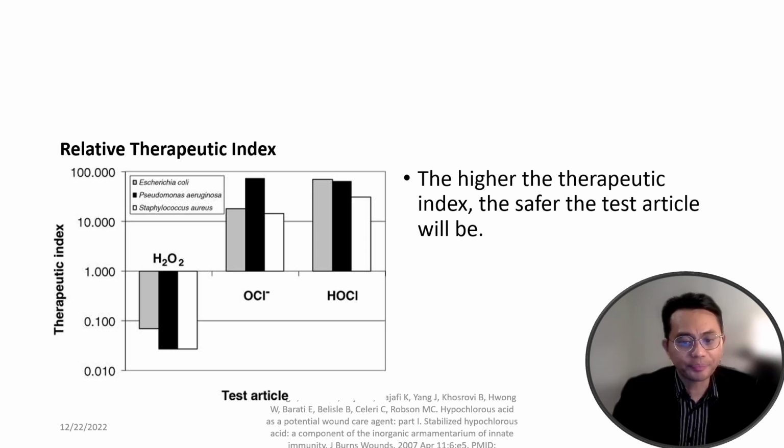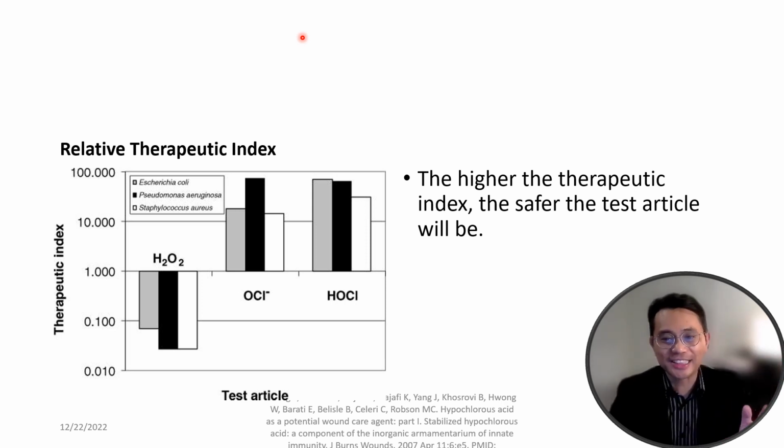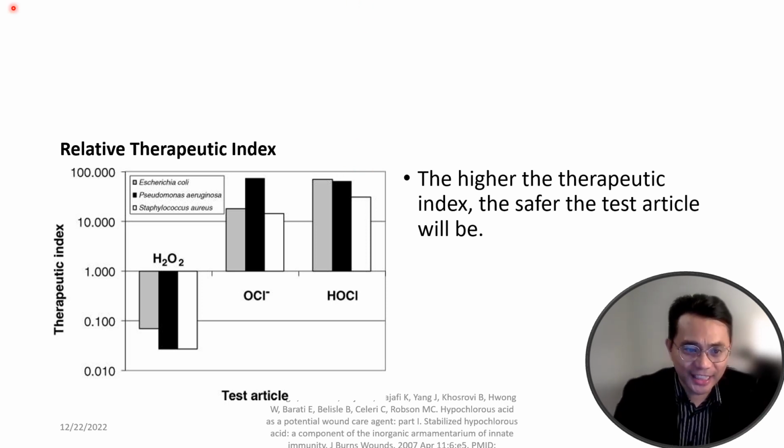By the way, the therapeutic index is the quantitative measurement of the relative safety of a drug or a solution. In pharmacology, this is the ratio that compares the blood concentration at which a drug becomes toxic to the concentration at which the drug is effective. So the larger the therapeutic index, the safer the solution is.